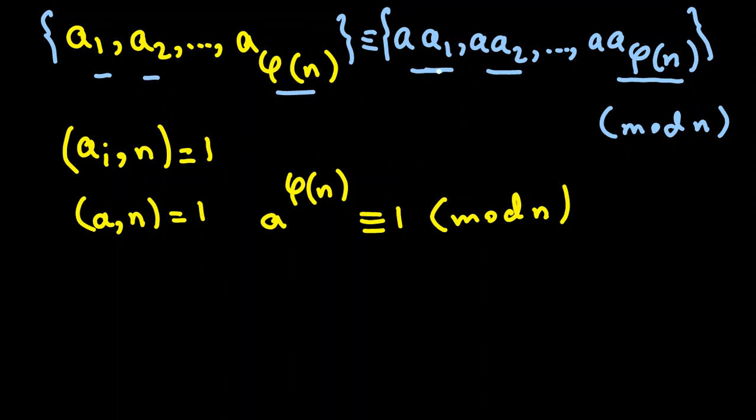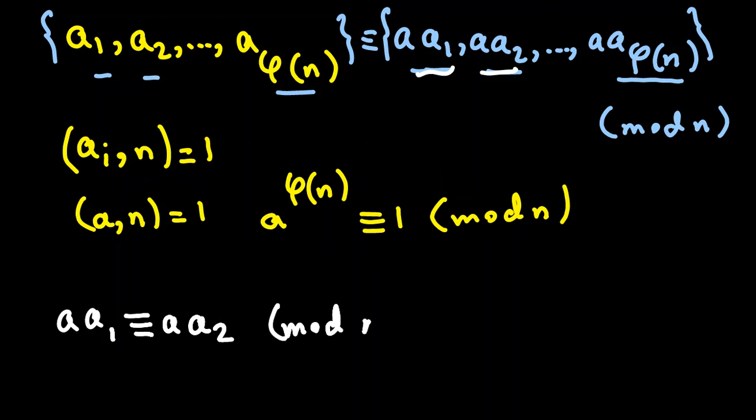So how can we prove that? I want to say all of them are different. So for example, for aa1 and aa2, if mod n they are congruent, I want to prove by contradiction that it cannot happen. You say, okay, a and n are co-prime numbers, so you can divide by a both sides.